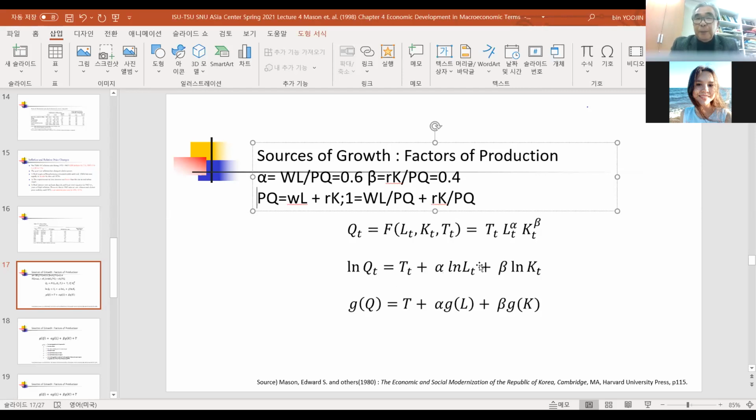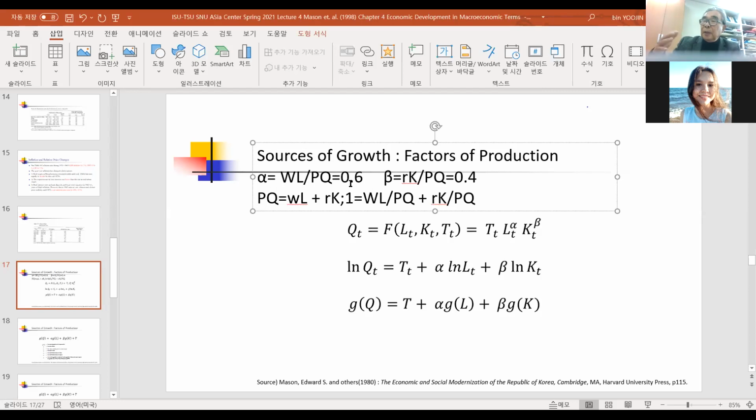So if you estimate this second equation, the coefficient of ln L_t gives you the estimate of alpha. In the Republic of Korea, 0.6. According to my recent research, the economy of the Republic of Korea used to be around 0.4. Alpha was 0.4.